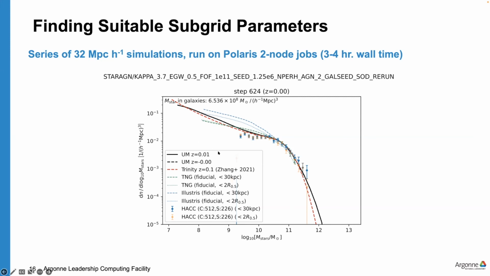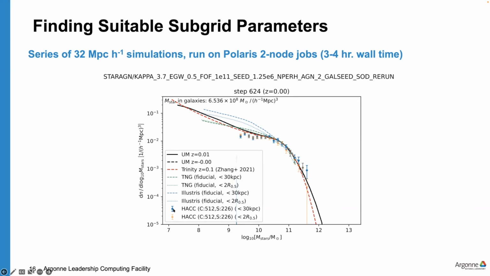I'm showing one here, but this is the result of a whole series of simulations. I don't know the exact number, somewhere in the neighborhood of about 80, I think. And from these simulations, we've been able to tune all of these subgrid parameters.